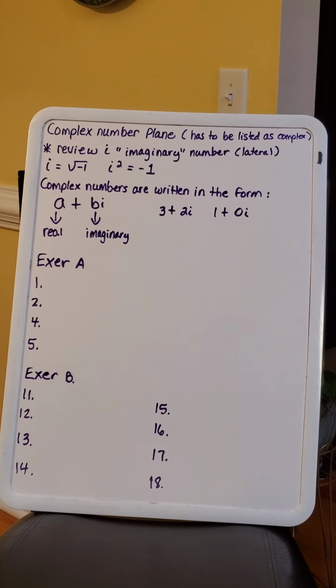We are coming to complex numbers, and our first lesson is titled The Complex Number Plane, and the plane we know means a graph. You'll see in the top right corner where it says it has to be listed as complex. On a graph we can usually only graph x and y, but a complex number is really going to show depth, or maybe not quite 3D, but there's another number that has to be graphed.